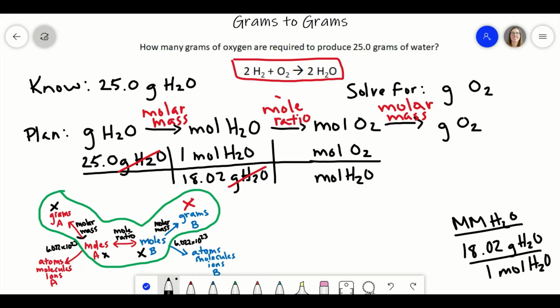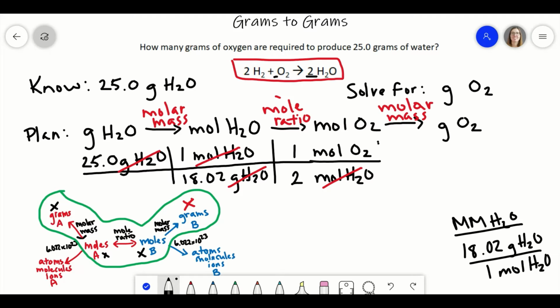Next, I'll go to my equation and I'll see that there's a 2 in front of H2O, so I'll put a 2 in front of the unit mole of H2O. And there's nothing written in front of the O2 in my equation, so that's an understood 1. So I'll put 1 in front of moles of O2. Now my units of moles of H2O have canceled out, and I'm left in units of moles of O2.